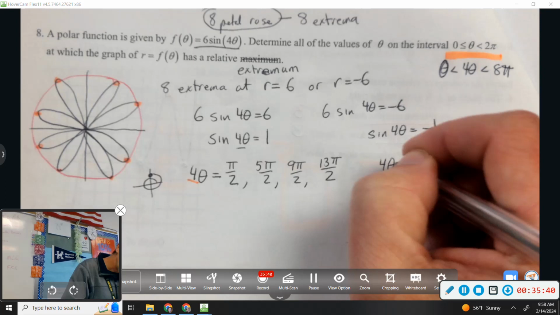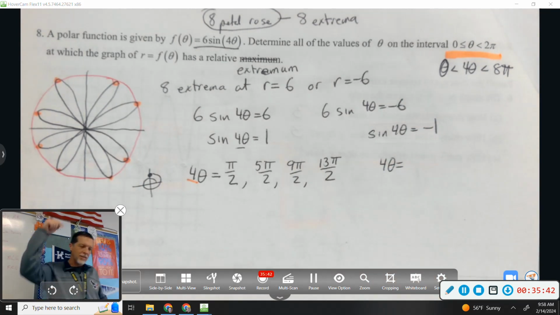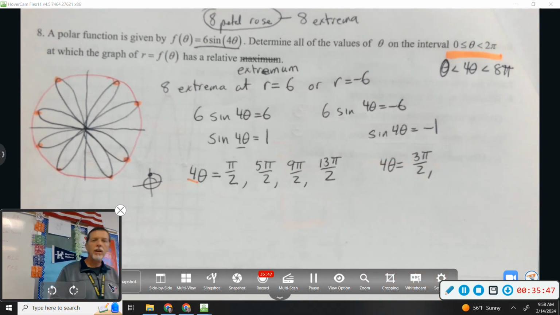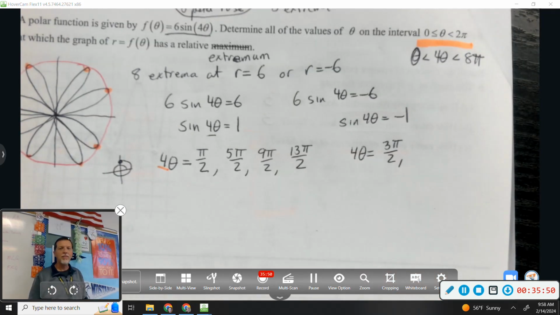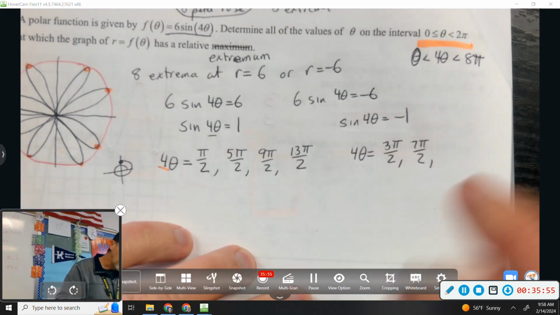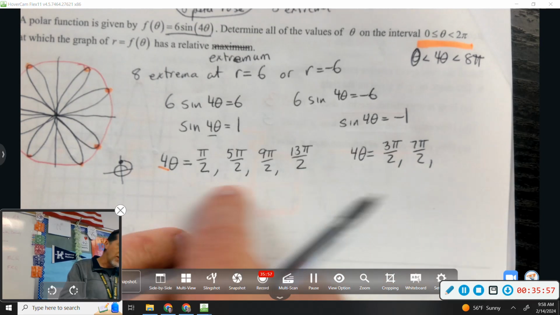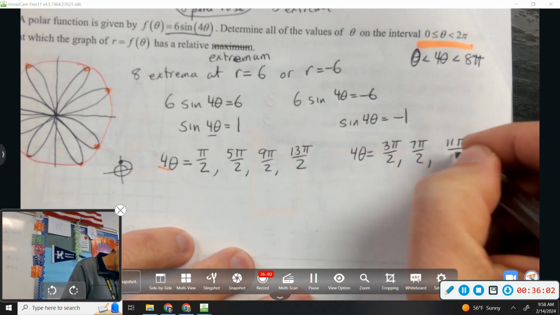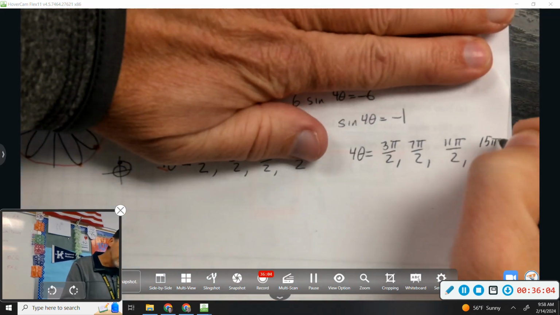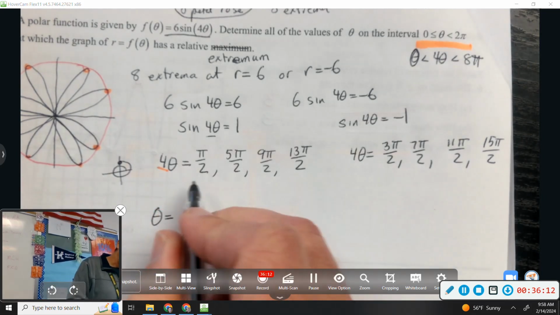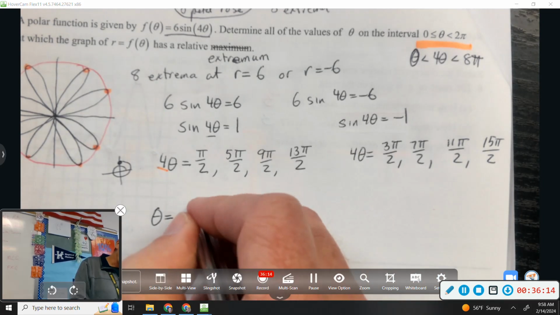So sine theta is -1. That's on the down spot. So that's 3 pi over 2. And then it's plus 2 pi. It also fits every other one of those. 15 pi over 2. And then that's not really my answer because those are the 4 thetas. So if I divide everybody by 4, all my denominators are 8.